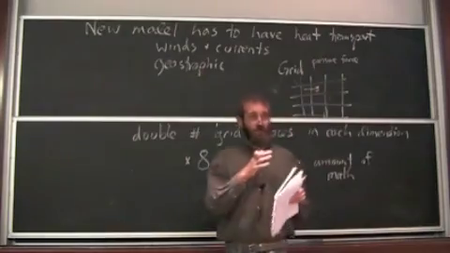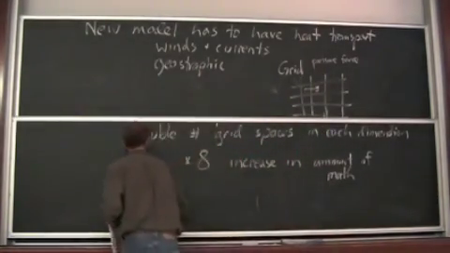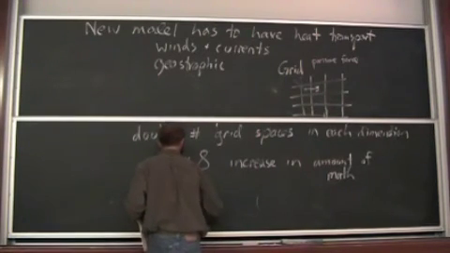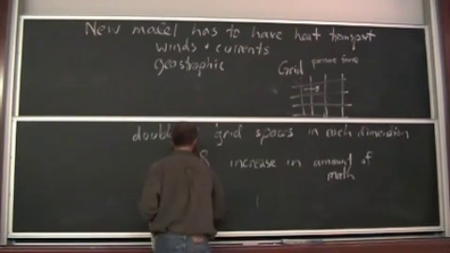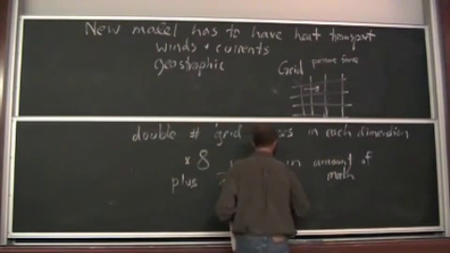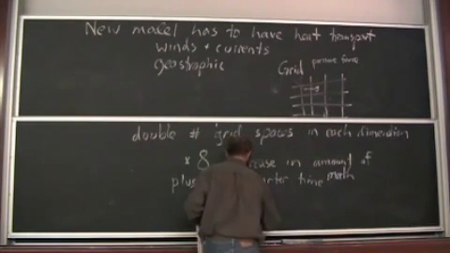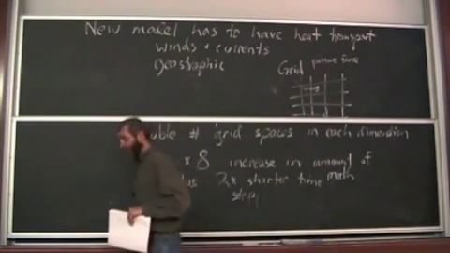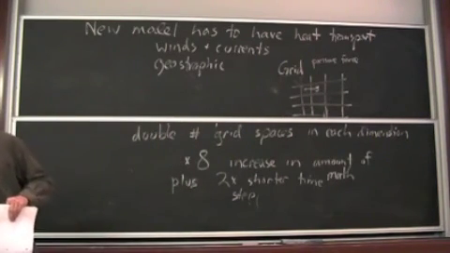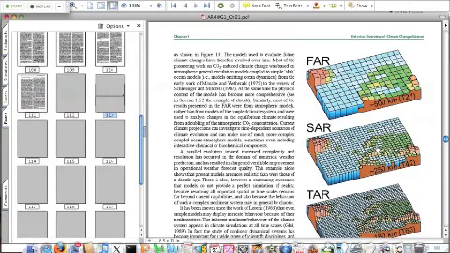Plus, as you make the grid points smaller, the time step has to be smaller. So overall, it runs something like 16 times slower if you double the detail in the models. And that's what we're up against in trying to do these climate models.